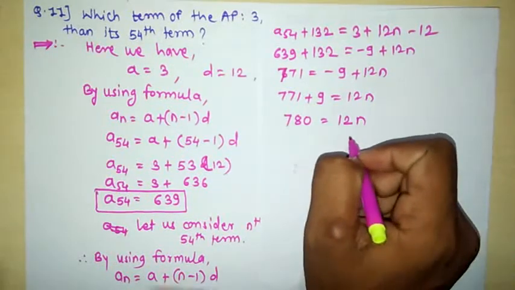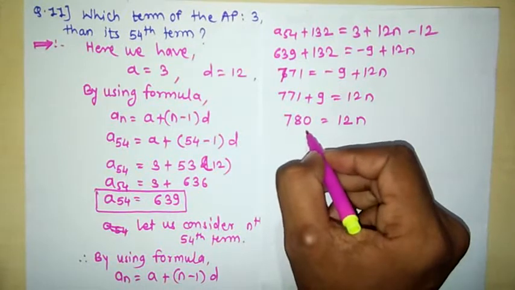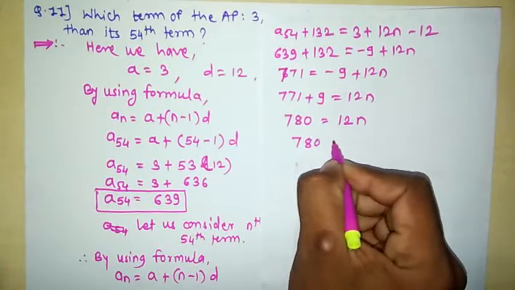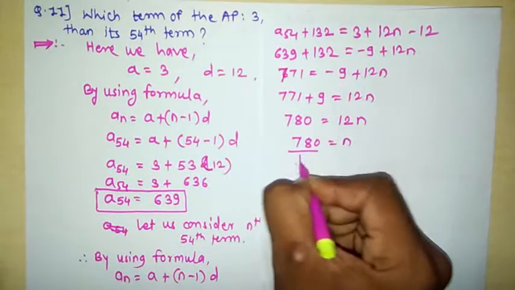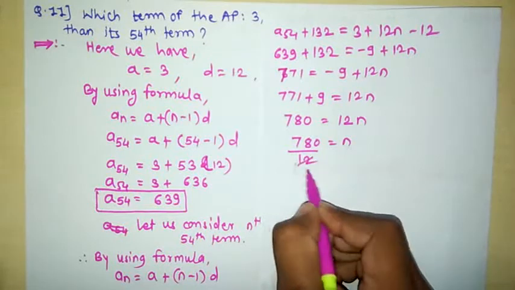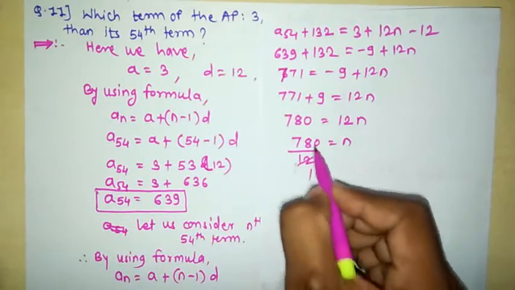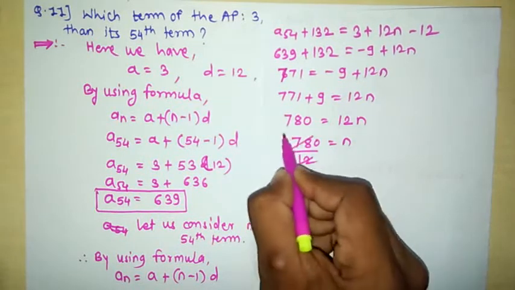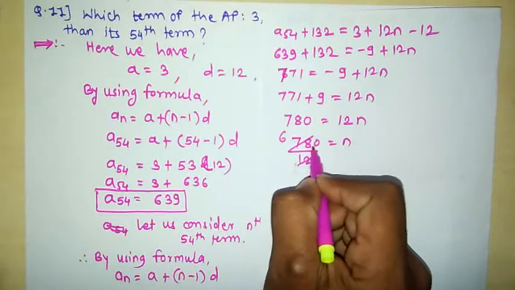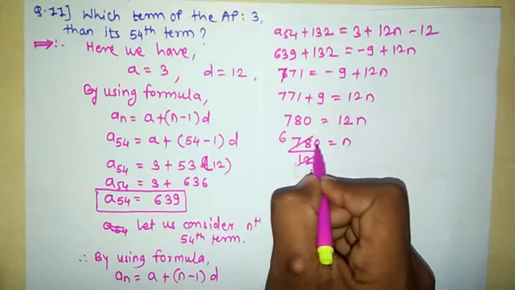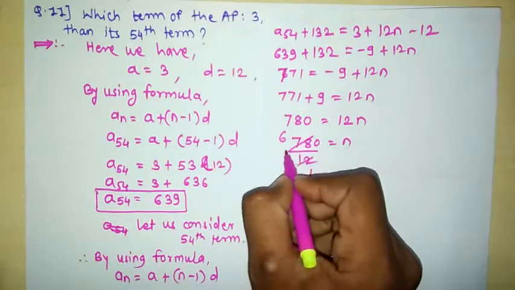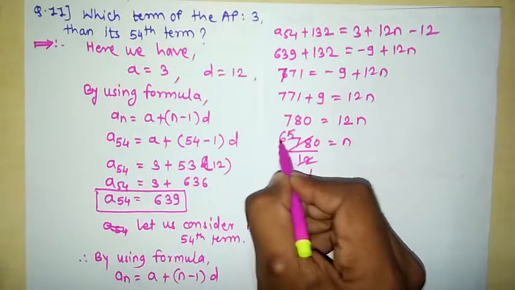Now send this 12 towards the left hand side, it will go to the denominator. 780 divided by 12 is equal to n. Now 12 ones are 12, 12 sixes are 72, 6 remains, that is 60. 12 fives are 60.